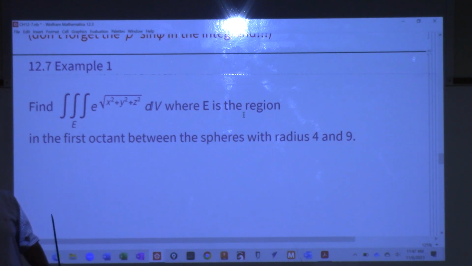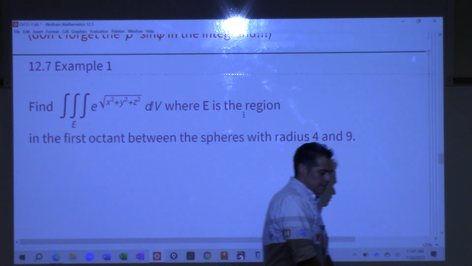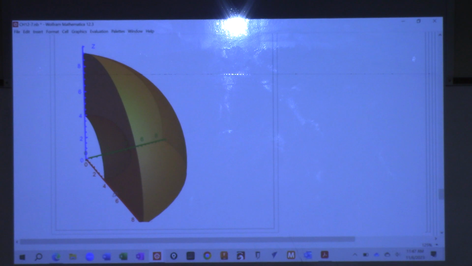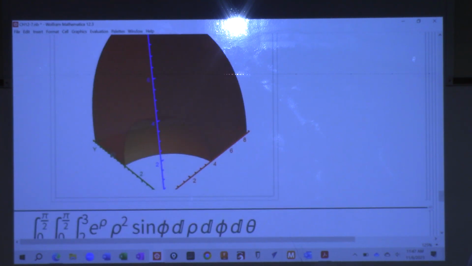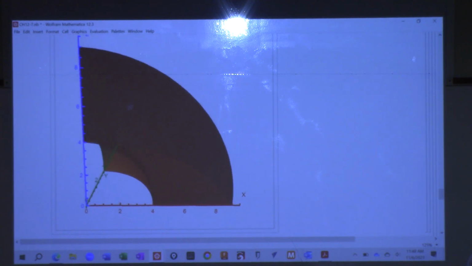The sphere of radius 4 is curved in. I can stand there and move my hands around all I want. This is better, yes? Yeah, like a cantaloupe slice, exactly. I don't know why it's so zoomed in.